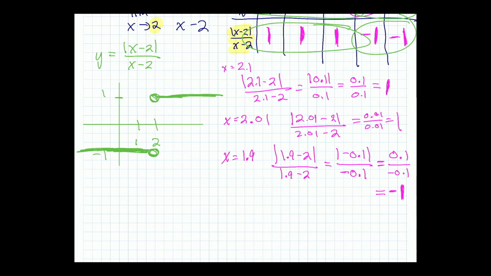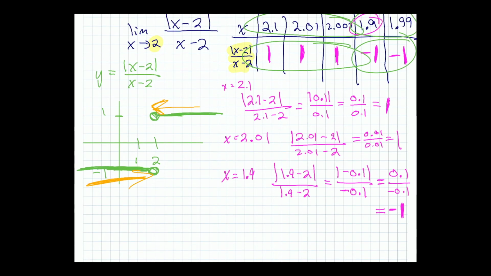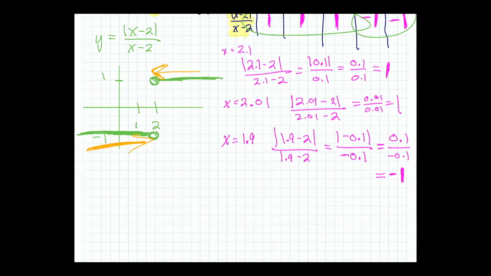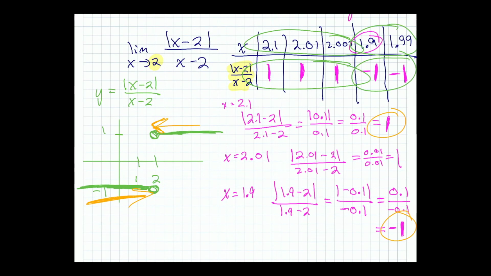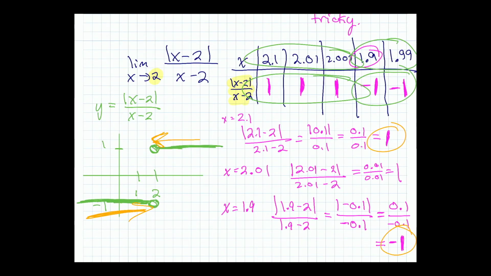And so when you do the limit from the right on your graph, which remember we did graphically last time, the limit from the right is up here at positive 1, and the limit from the left is down here at negative 1. So what's the limit overall? Well, on one side it's 1, on the other side it's negative 1. You don't get the same answer both times, and so that means that the limit does not exist.